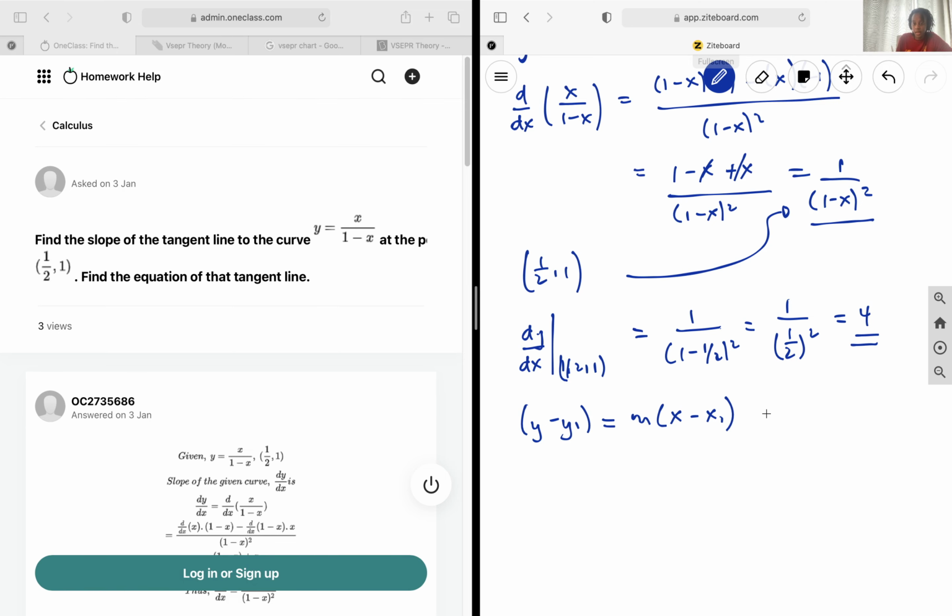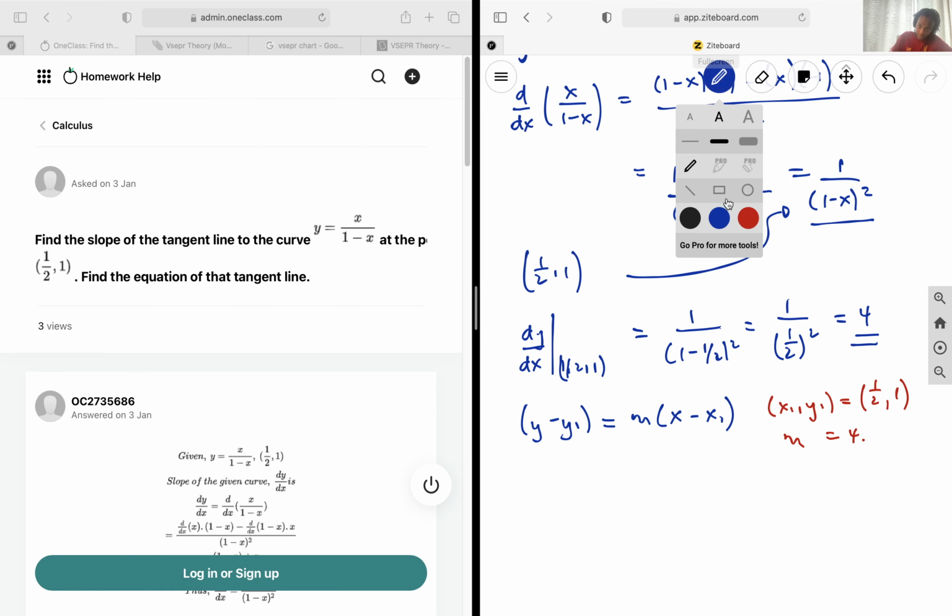Okay, and so we have the points x1, y1 is 1 over 2, 1, and m is equal to 4. So we're just going to want to put all of those values back into this equation. And it becomes y minus 1 is equal to 4 into x minus 1 over 2.